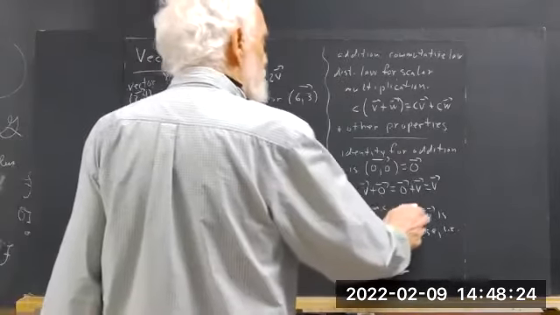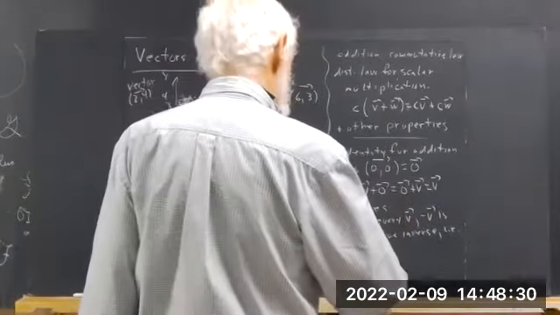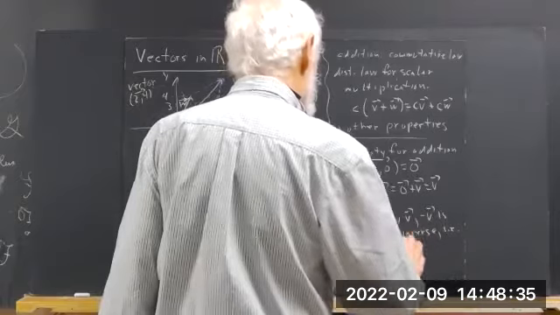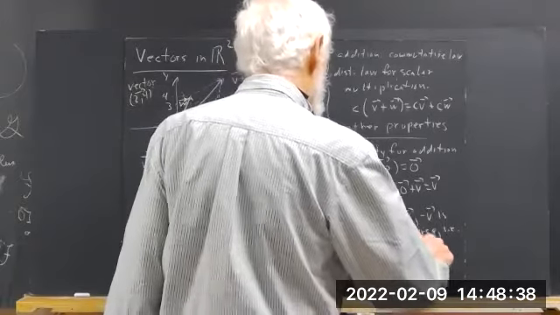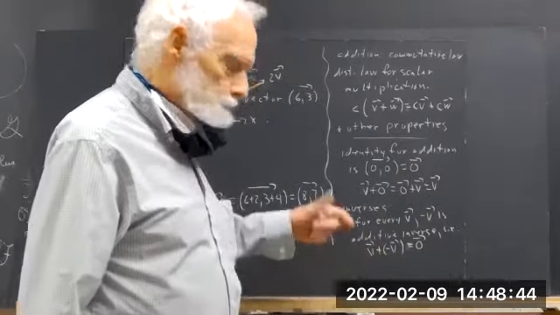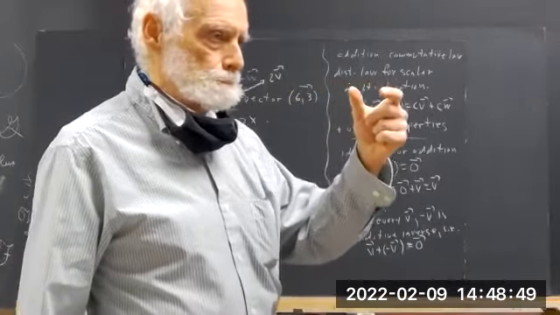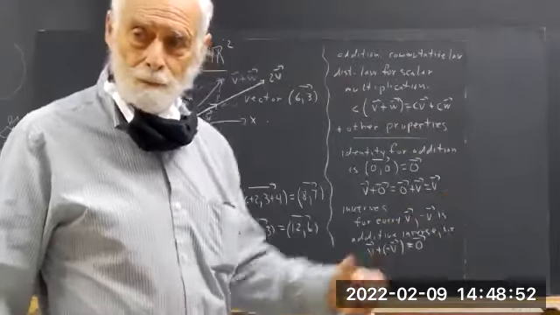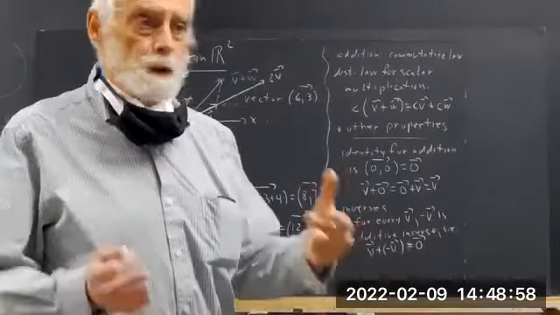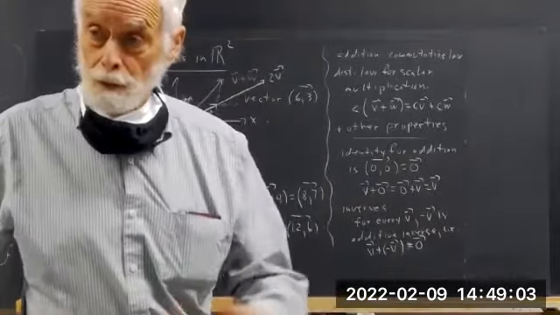For every V, negative V is the additive inverse, meaning really negative 1 times V. And the defining property of an inverse is that if you combine a vector with its inverse on addition, you're going to get the identity. The general idea of an inverse is you combine something with its inverse, you get the identity for whatever the operation is that you're using to combine them.